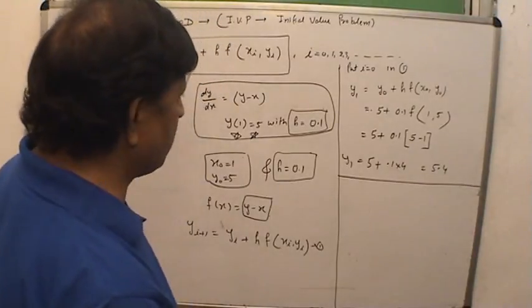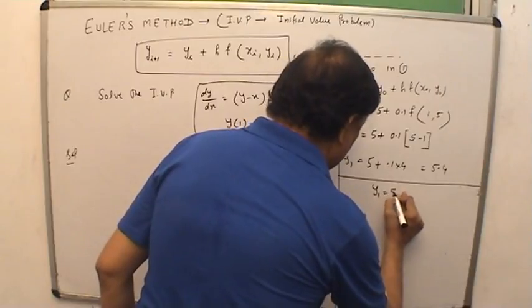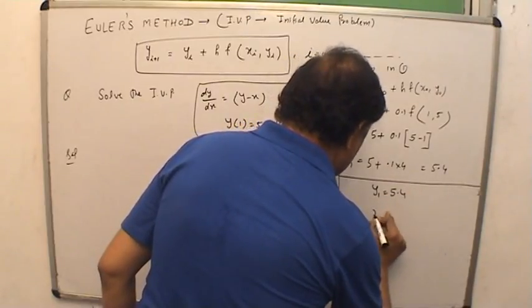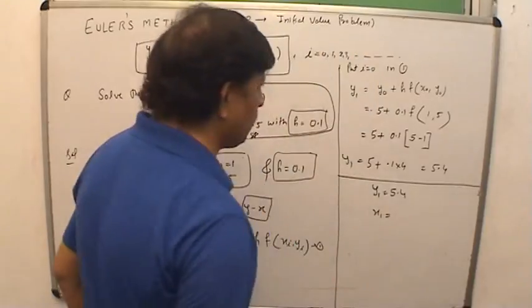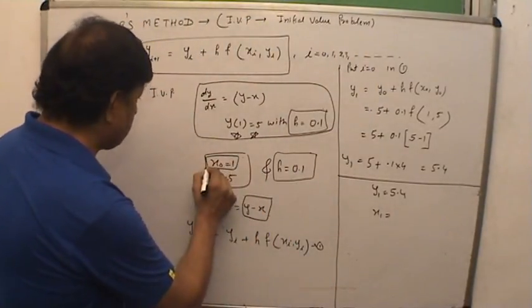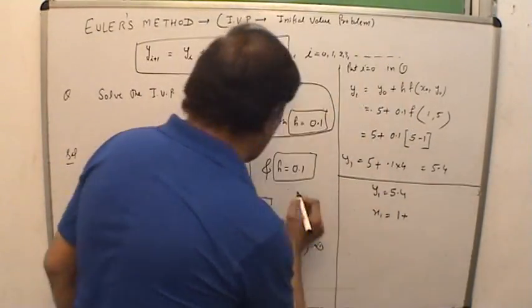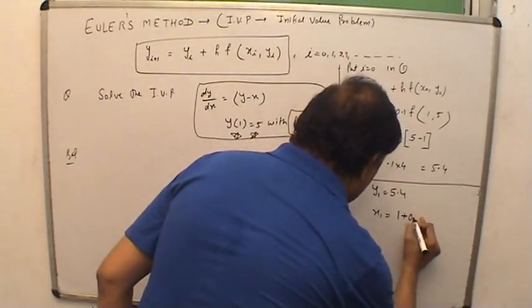Now for the second step, here we get y1 is equal to 5.4, and where does x1 come from? x1 comes from the given values. Here it is x0. x0 is 1. That is equal to 1 plus the height of the interval, that is 0.1.